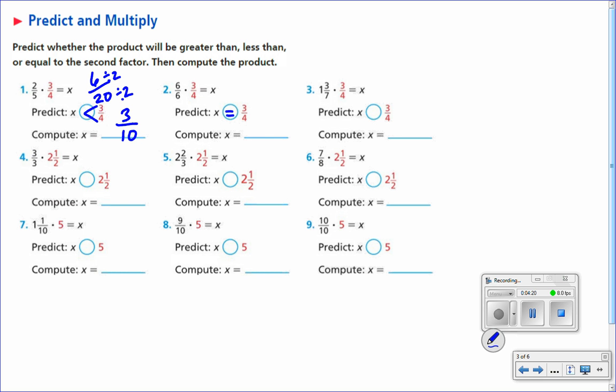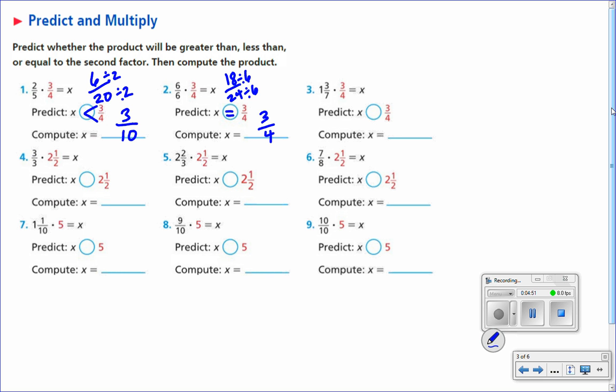You're talking about one whole of 3/4, which is going to be, if you're talking about the whole 3/4, what is it? 3/4. But do the multiplication anyway. 18/24 divided by 6 equals 3/4.